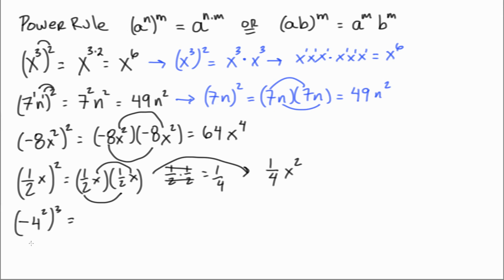This one's a little bit different. There's only one factor, which is 4, and then it has a negative. Here, when we multiply 2 times 3, you're going to have negative 4, 2 times 3, and that's going to give you negative 4 to the 6th power. And that's how you do it.